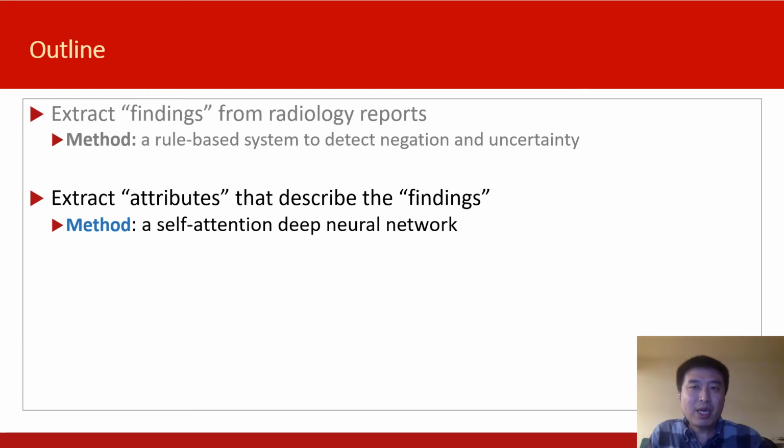In this way, we can probably construct datasets with richer information, and we believe such richer information will be more valuable for medical image analysis. Therefore, in the second part of my talk, I will describe a work that uses a deep learning method to construct such datasets with richer information.